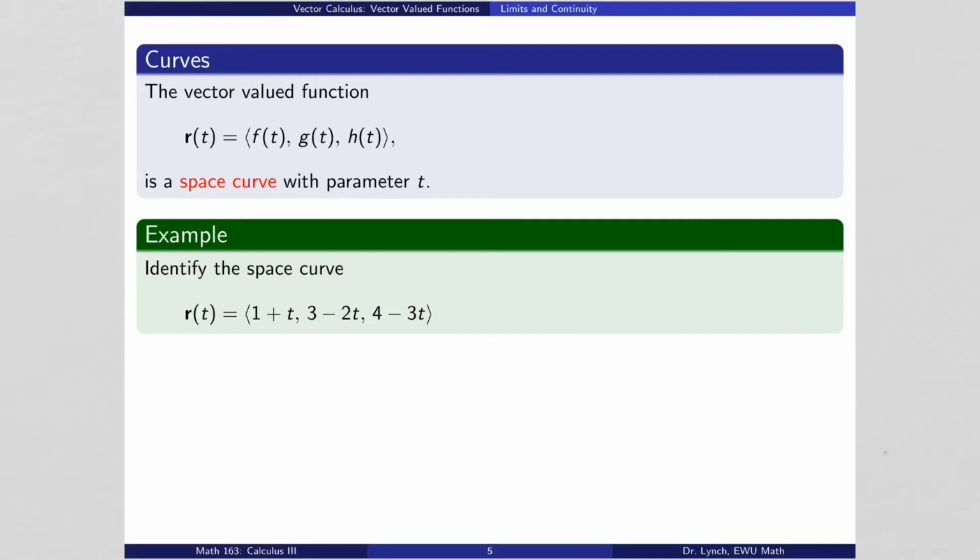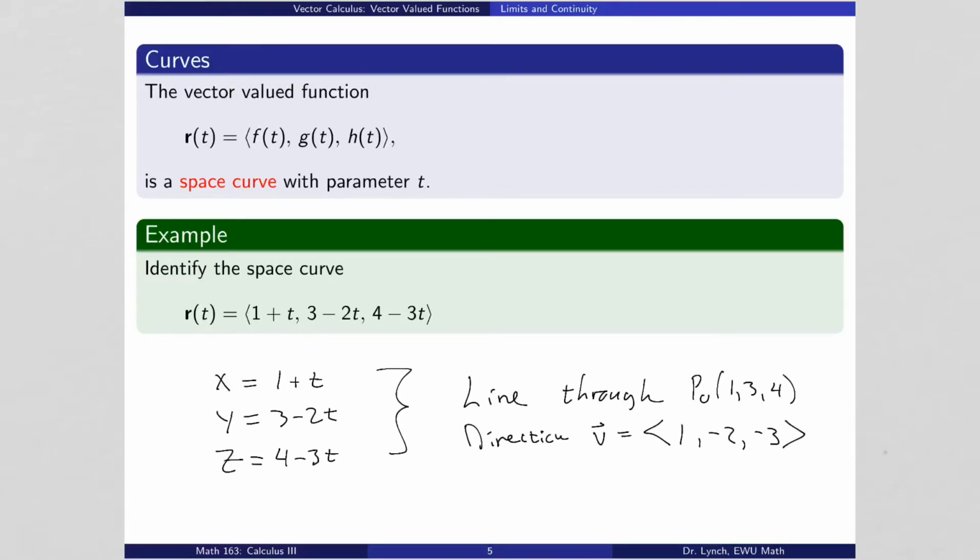So here's an example. Let's go ahead and identify this space curve. r of t is 1 plus t, 3 minus 2t, and 4 minus 3t. Writing the scalar components of the vector-valued function, we can see that this is a line through the point 1, 3, 4, and that the direction of the line is 1, negative 2, negative 3.